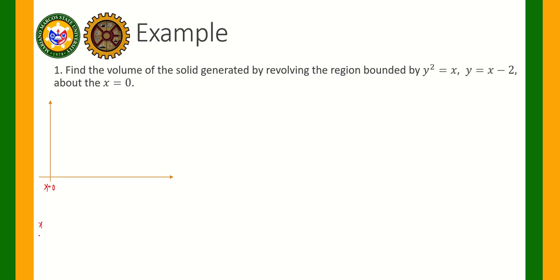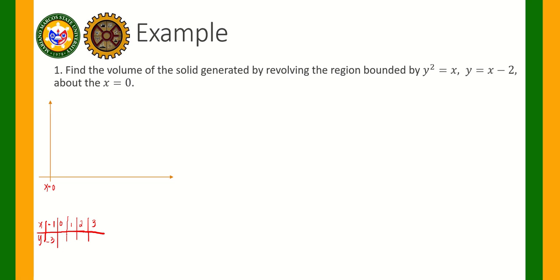So at x and then y. So at x equal to negative 1, negative 2, or this should be 0, and then 1, 2, and then 3. Okay, let's try this one. For x equal to negative 1, what is equal to y? For x equal to negative 1, y is equal to negative 3.